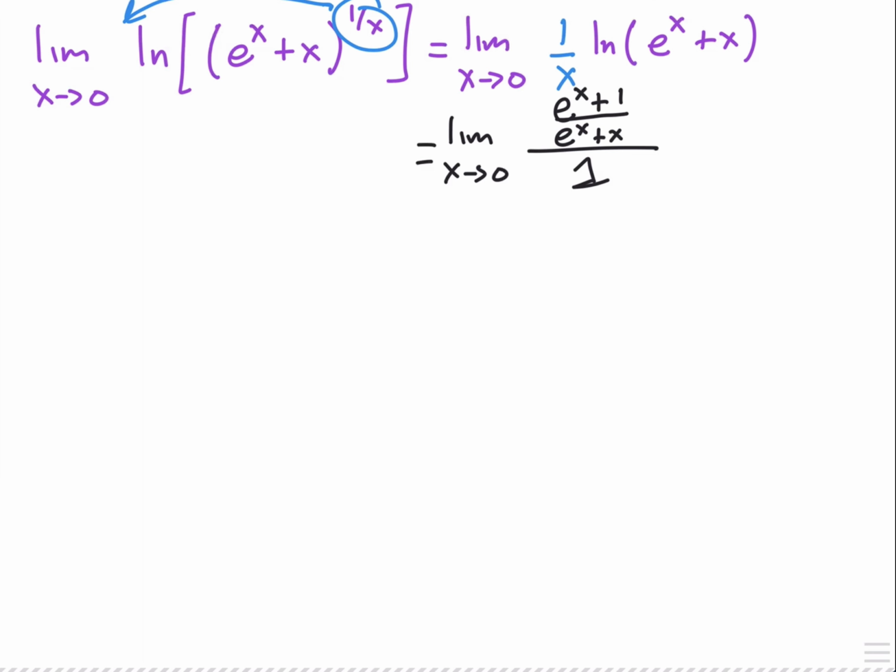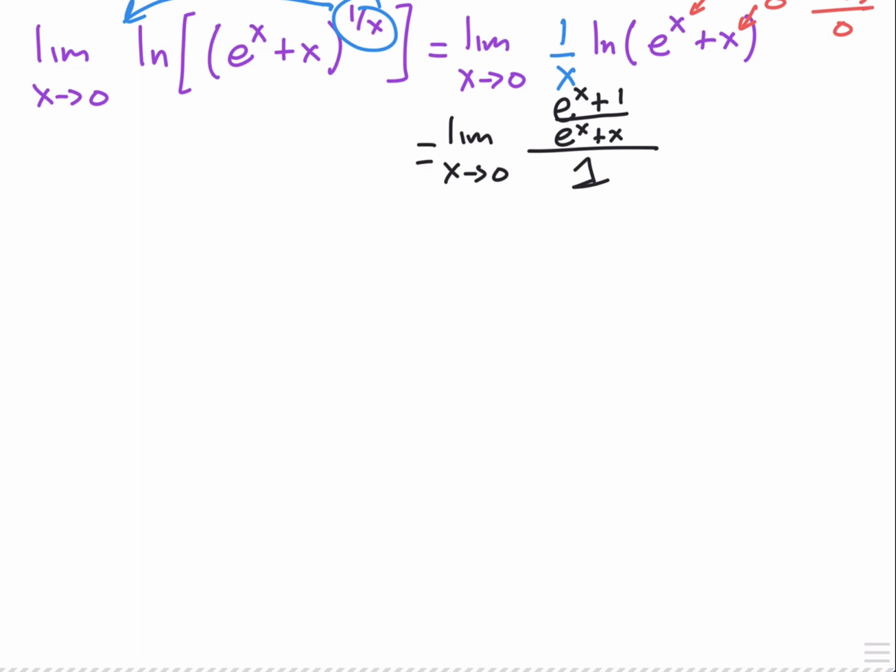Can you go back really quick? Why are we doing the L'Hopital? Because we were trying to evaluate the limit. Did it equal 0 over 0? Yeah, it did. Remember we said e to the 0 is 1, and then this is 0, so it's ln of 1 over 0, and ln of 1 is 0, so it's 0 over 0.